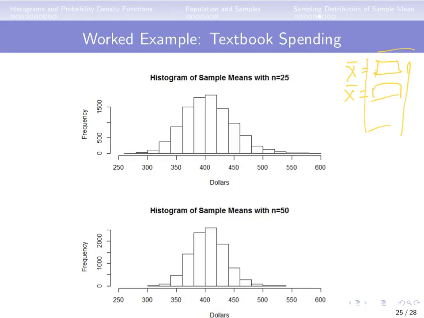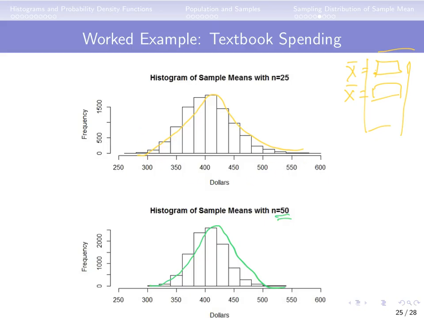This was the shape, and you can see it can be approximated by a normal distribution. With size 50, this is the normal distribution that we can approximate it by. You notice the spread for the smaller sample size is more spread out than those values over there.